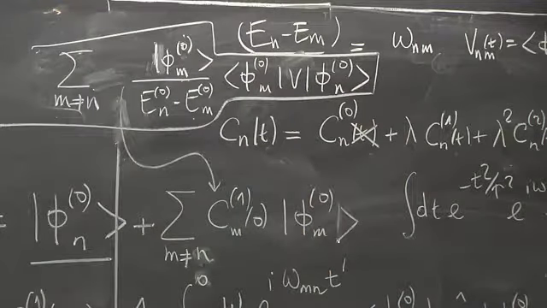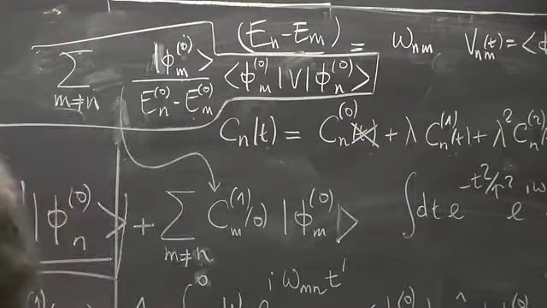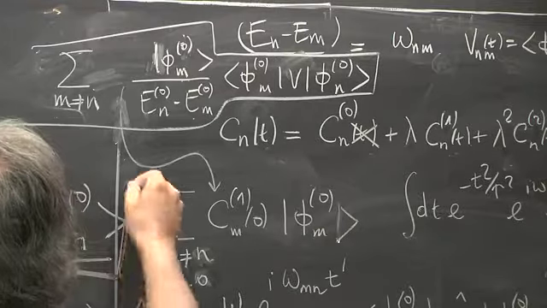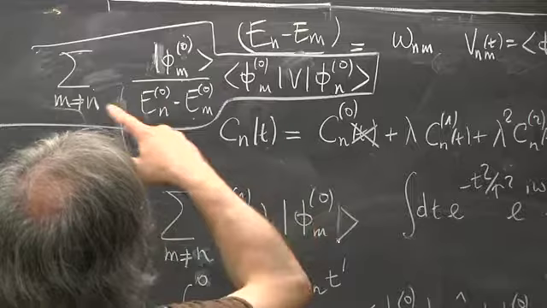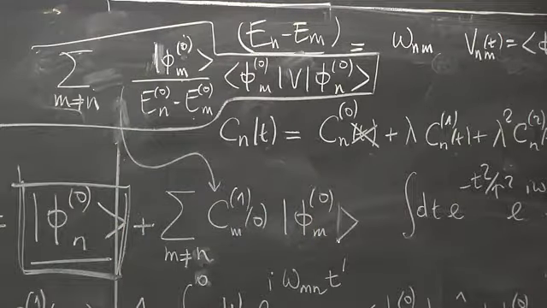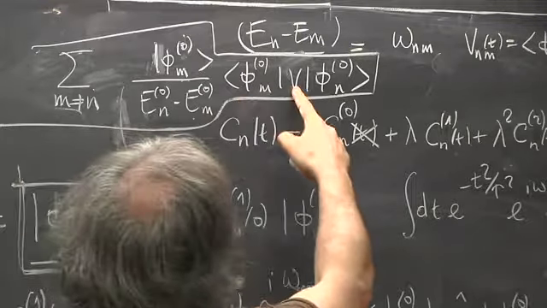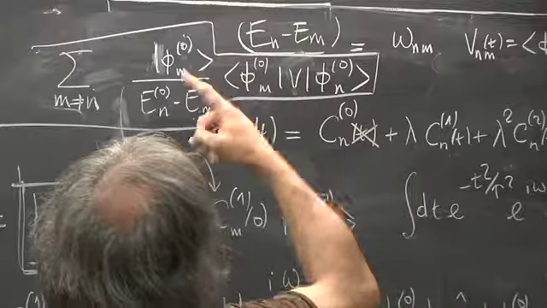There is a first piece: the state at time t equals 0, if you slowly switch on the perturbation, will be the original one, the N, plus a correction, which is nothing but what we calculated last time in first order perturbation theory. So the perturbation will act in first order in exactly the same way.